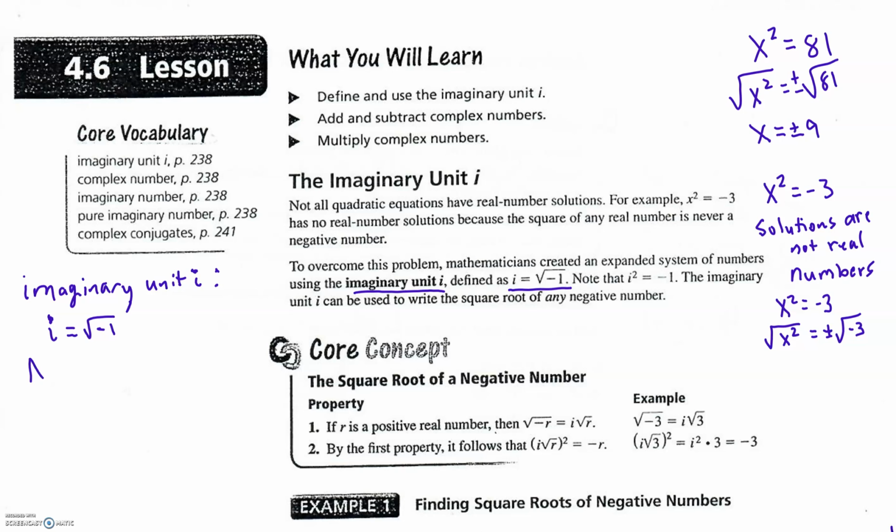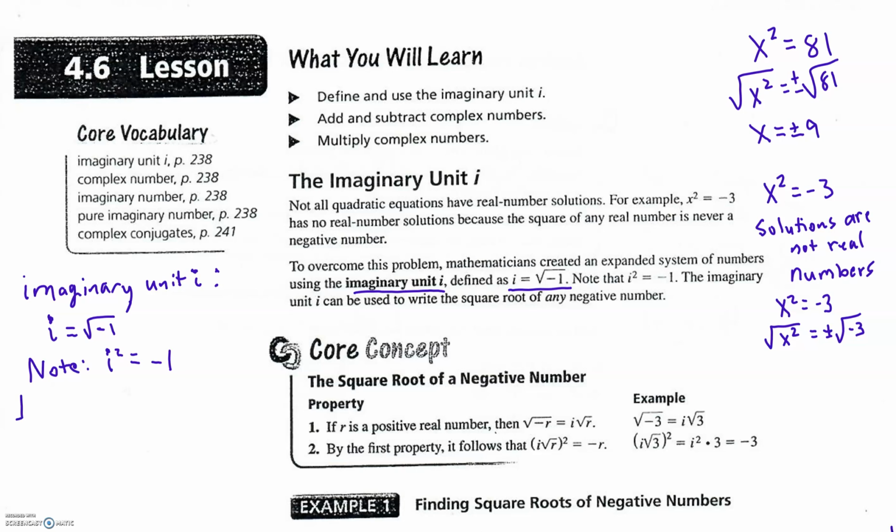I do want you to notice that because i is the square root of negative 1, i squared will be negative 1, just like when we have the square root of, let's say, 16. That is 4, because 4 squared is 16. It's the same idea.